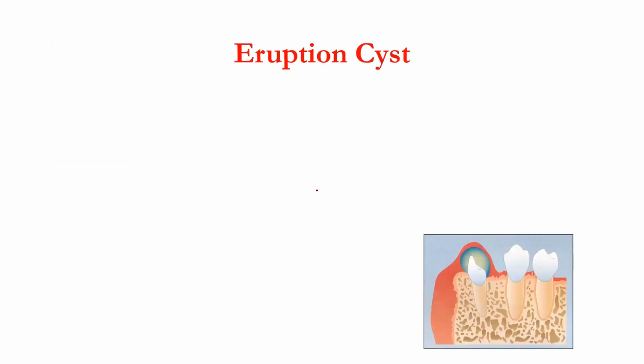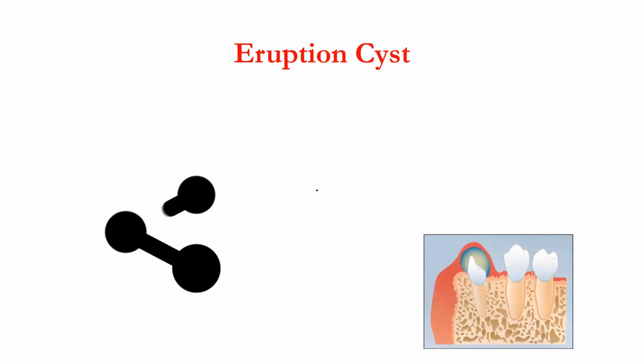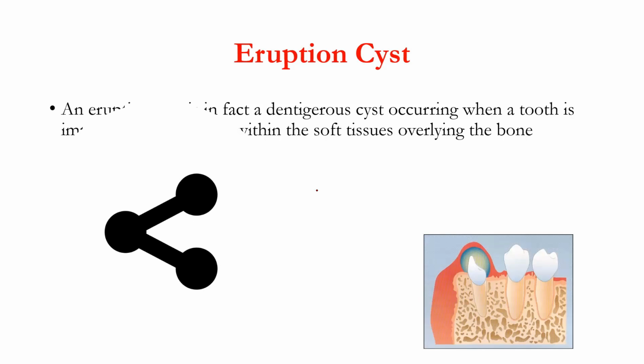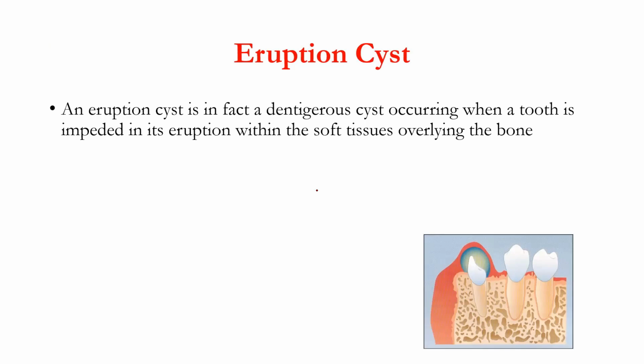The next cyst we are going to discuss today is eruption cyst. Eruption cyst is nothing but a type of dentigerous cyst, guys, okay? So it is associated with an erupting tooth, and that is why it is called as eruption cyst. And it is seen within the soft tissue which is overlying the bone. It is not really seen inside the bone.